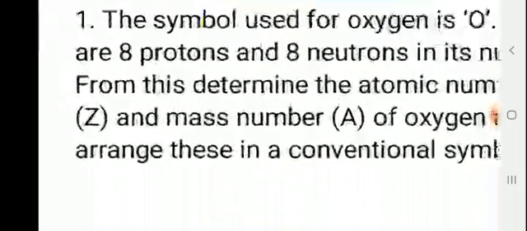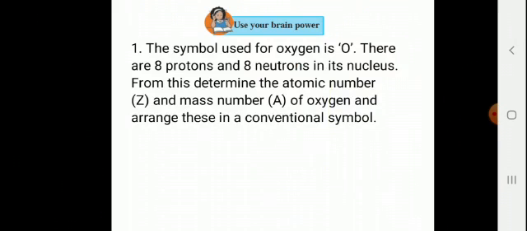See here, there are 8 protons and 8 neutrons in the nucleus, and atomic number means number of protons. So atomic number of oxygen is equal to 8, and atomic mass means sum of protons and neutrons. So add these two numbers, 8 plus 8 is equal to 16. So atomic mass number of oxygen will be 16.